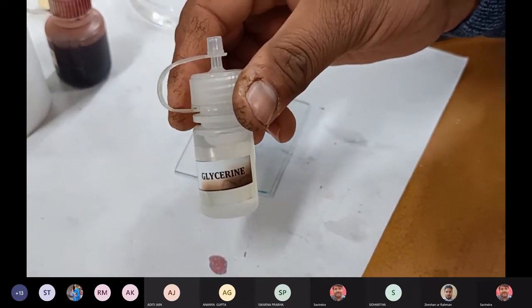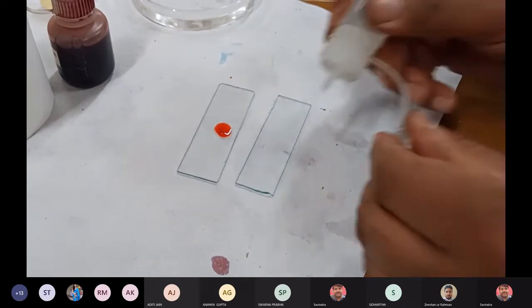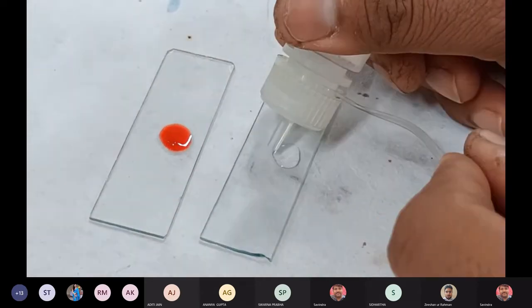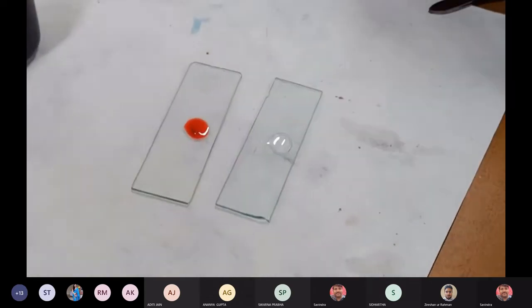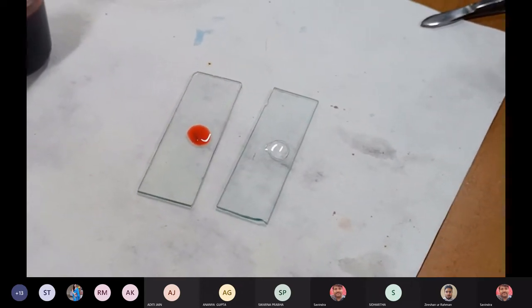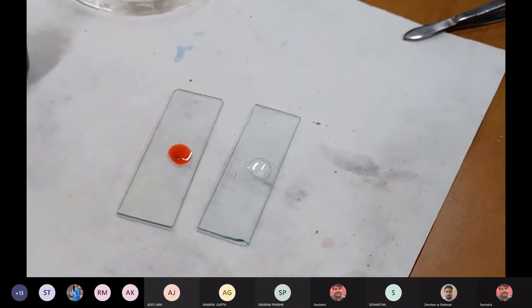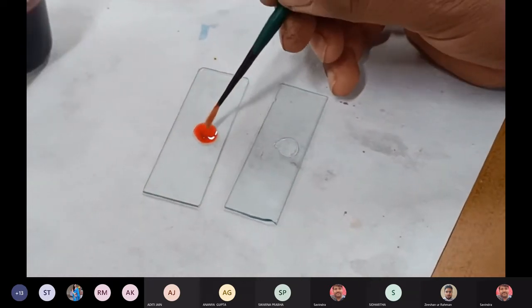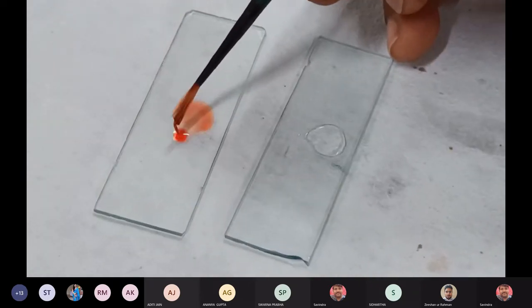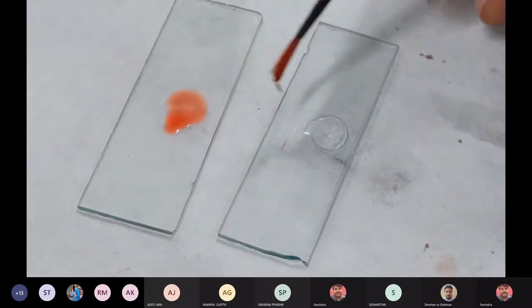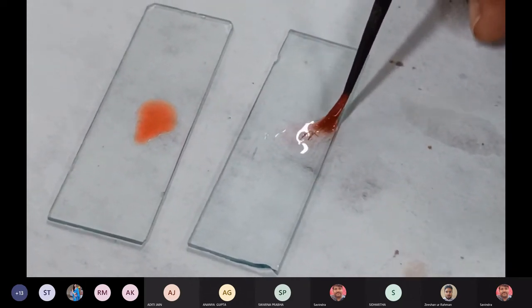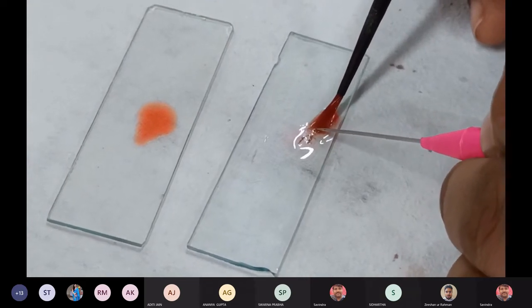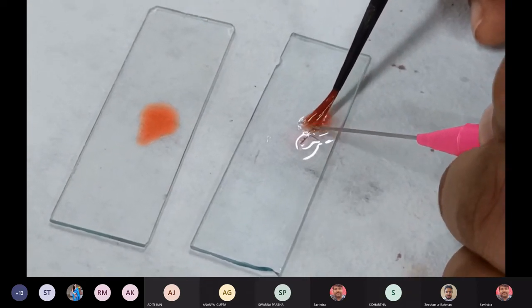Take one more slide. Take a small amount of glycerine. With the help of a brush, transfer it very gently.